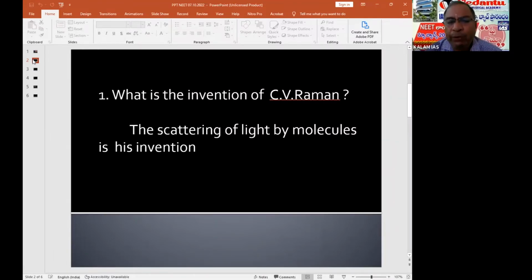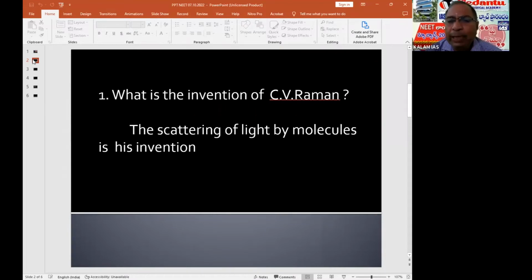What is meant by scattering? The molecules present in the atmosphere absorb the sunlight, then they vibrate and give away the energy. That is, they scatter the energy in all directions with different intensities. This process is called scattering of the light.